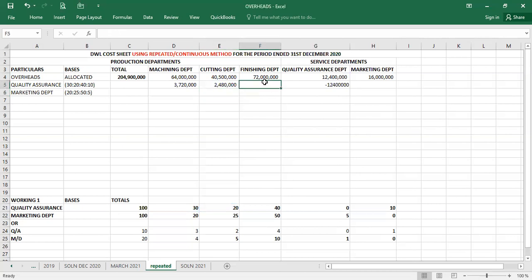Then for this, it will be this, and this one, divide by our total, which is that, and we multiply by that. It gives that.